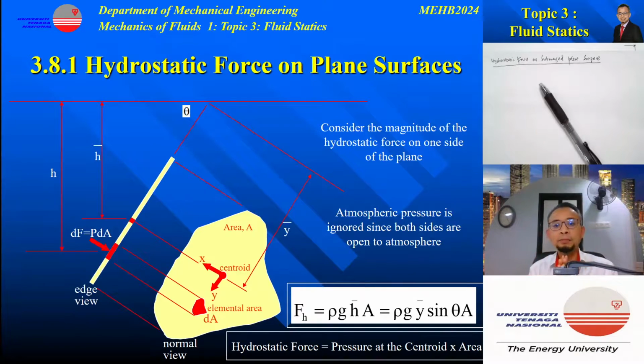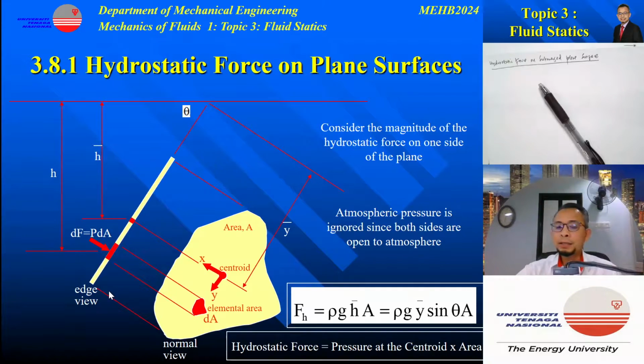A surface submerged in a liquid can either be a curved surface or a flat surface. Let us first of all consider the hydrostatic force on a submerged plane surface. Let's say this is the surface which is submerged in a liquid. So if you view from the edge, all you can see is just a straight line like this. Since the surface is in equilibrium, the hydrostatic force acting on this side and on this side are the same.